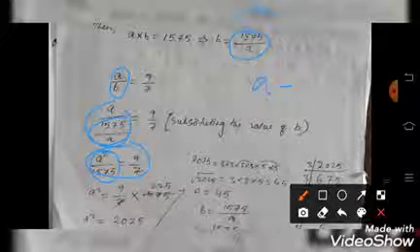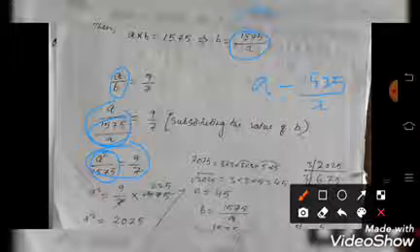Just look here, A divided by B, where B is 1575 by A. Now you can do this: A into A by 1575, assuming you have 1 here.